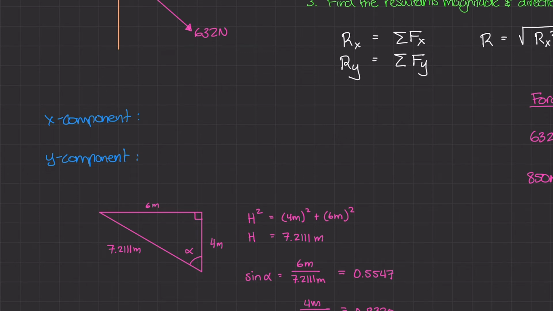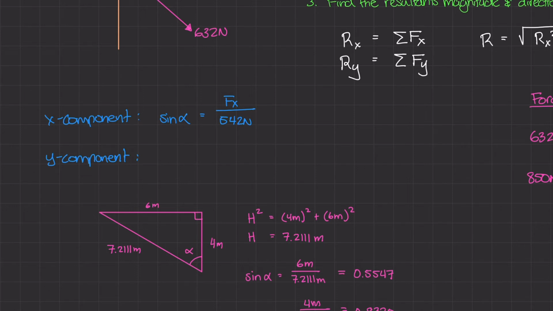But in this case, because the angle is here and the angle is opposite to this side, we know that we need to use the sine function to get the x component of this triangle, or the x component of that force. So I can say that the sine of alpha is going to be our F of x component over our 542 Newton force.